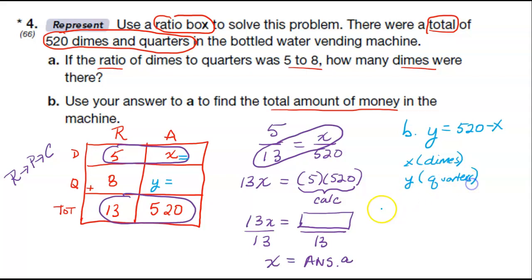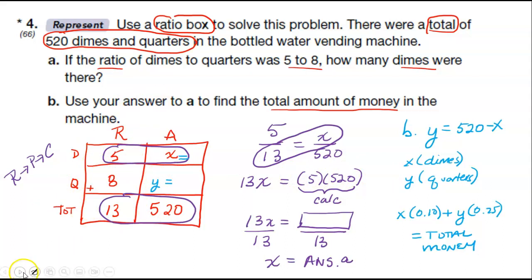You want to know the total that you have. So that's going to be X times 0.10 plus Y times 0.25. And that gives you the total money. Okay, let me know if you have any questions about that one.